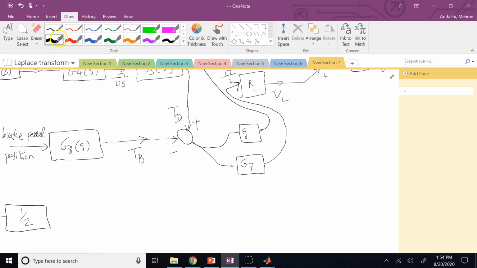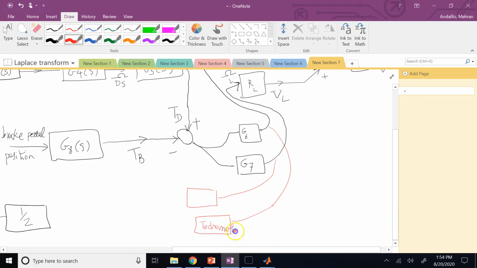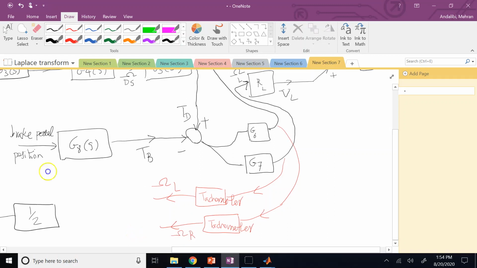So if you want it really good, let me do it really good for you. So you get feedback from here and here. Okay, so you get the feedback here, you get the feedback here using tachometers. So that here you have omega of the left measured, here you have omega of the right measured, right?